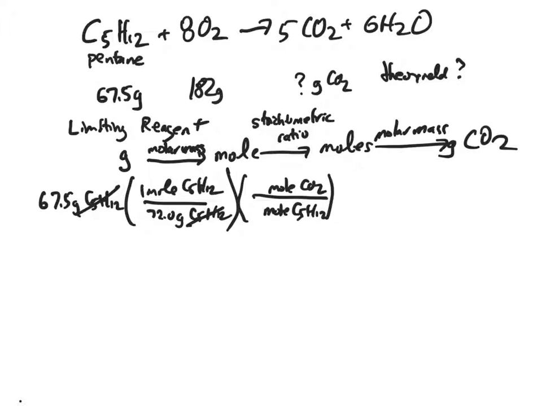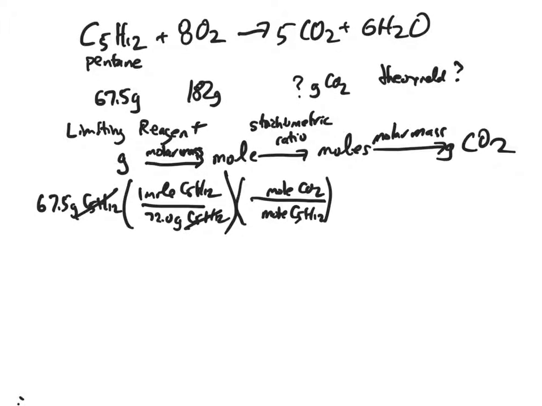We look back at our equation, and we see that it's 5 moles of carbon dioxide to 1 mole of pentane. 5 moles CO2, 1 mole of pentane. Moles of pentane cancel.